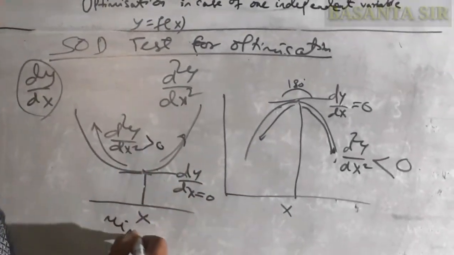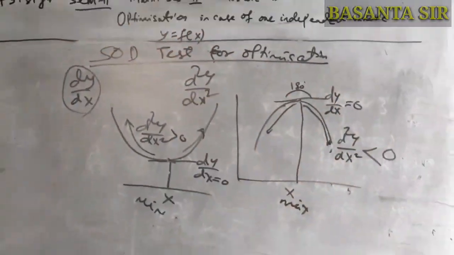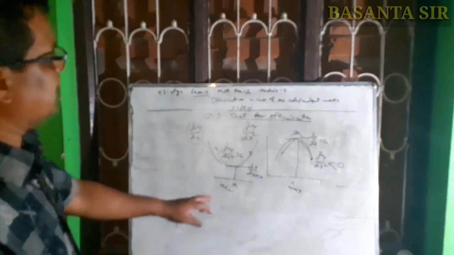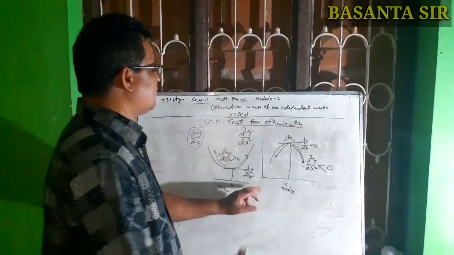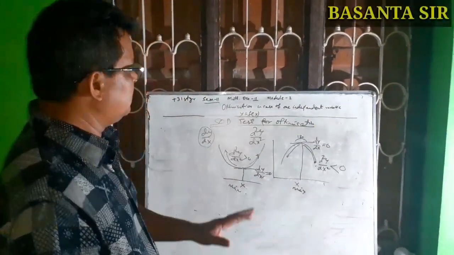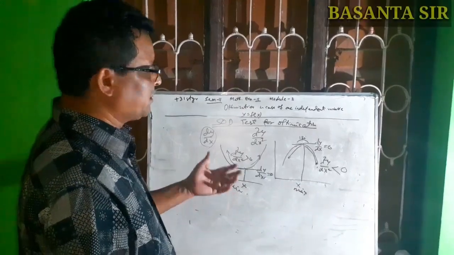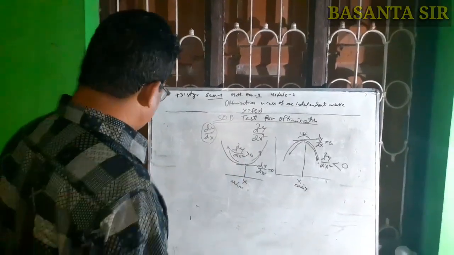This is the minimum condition, and this is the maximum condition. The first order derivative is always equal to 0 and gives the value of x, but the second order derivative will tell us whether the function is maximum or minimum.